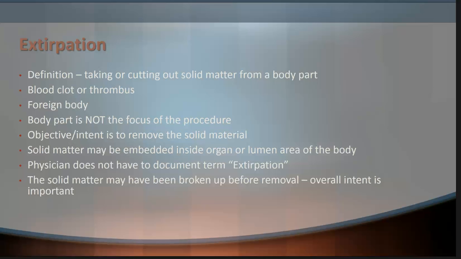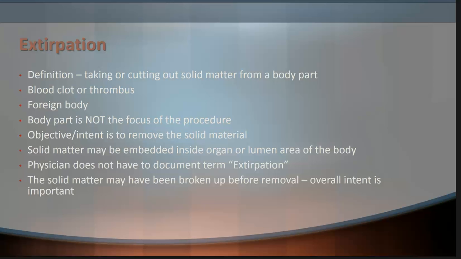But things like a cyst or mass are not necessarily a solid piece of material. A cyst is basically a sac, and it has fluid in it and sometimes some soft tissue, but it's not solid. A mass is a conglomeration of soft tissue.